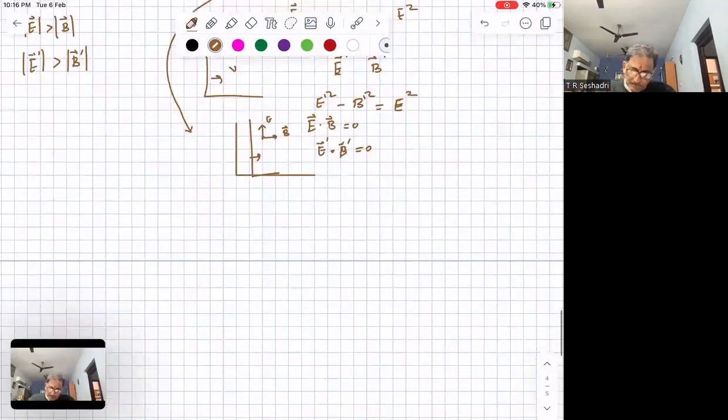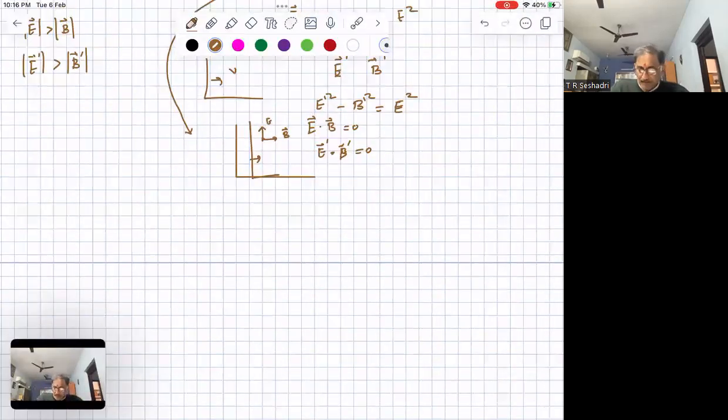For example, I say that in one frame, I see E and B at an angle theta. If I go to another frame, where the magnitude of the electric field is E prime and the magnitude of the magnetic field is B prime, what is theta prime?